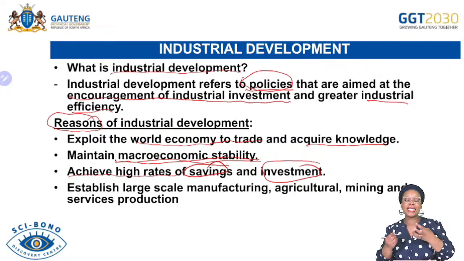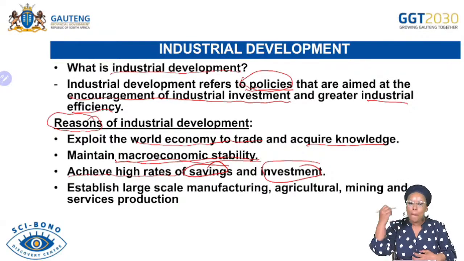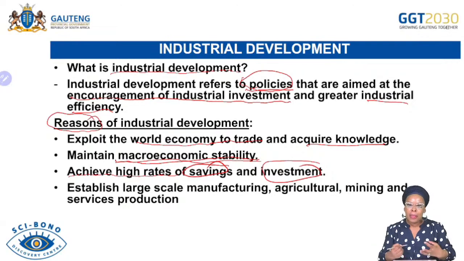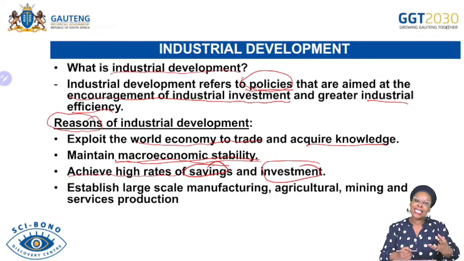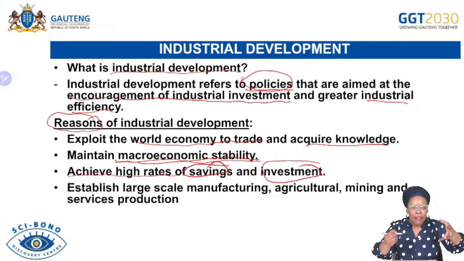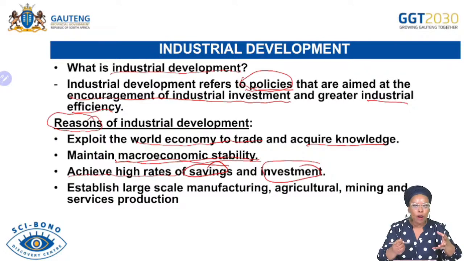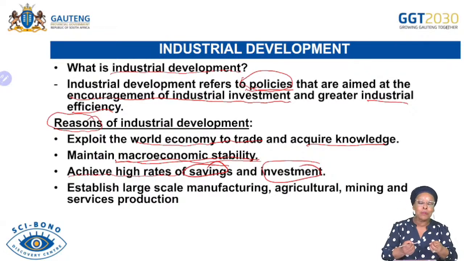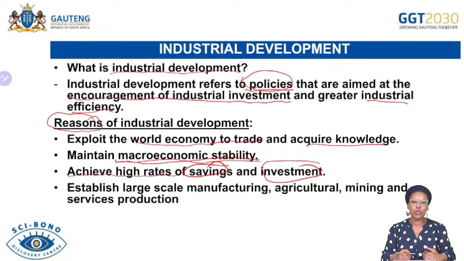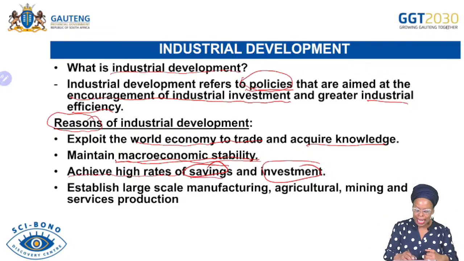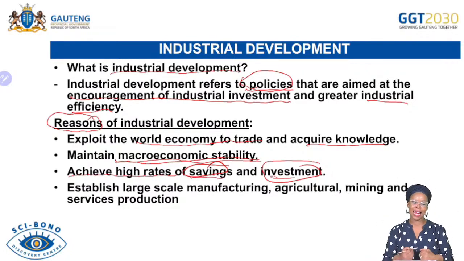So investors will have to acquire or borrow money, for example, from institutions such as banks to establish these industries. And as a result, when the very same industries are making profit, the profit that is not spent will be saved where? In the financial institutions. So hence we are saying that industrialization will also improve what? Savings and investment in the country.